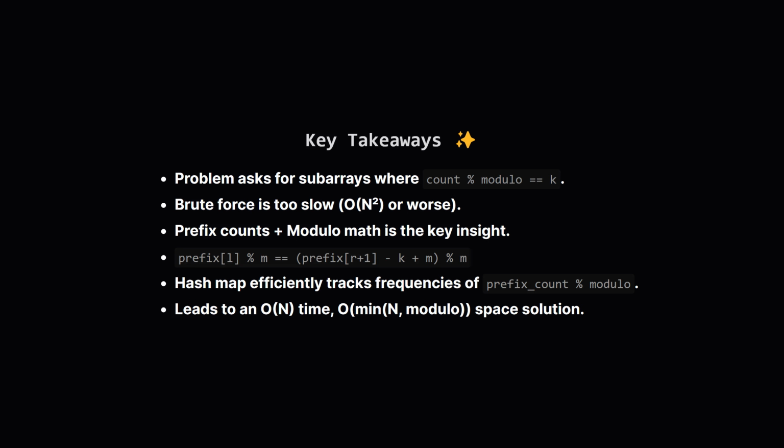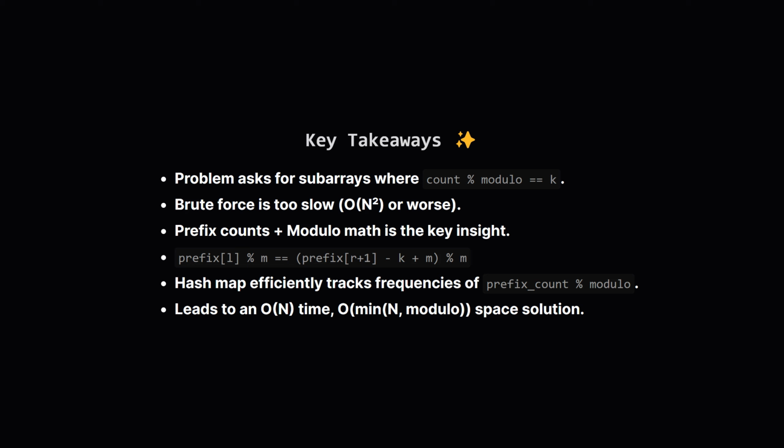Alright, let's quickly recap. The problem involved counting subarrays based on a condition involving the count of special elements modulo m. The brute force approach of checking every subarray was too slow. The key insight was to use prefix counts, counting the special elements up to each point. By applying modulo arithmetic, we found a relationship.